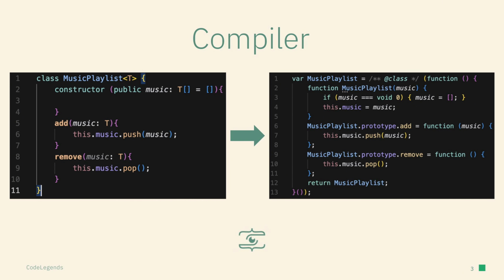So if you need to run your code on Internet Explorer, you can count on TypeScript to compile your code to be compatible. If you're only targeting newer browsers, the compiler will simply remove the type information and leave you with standard JavaScript code. Remember, TypeScript is not a runtime language. All the types you define are stripped away during compilation.